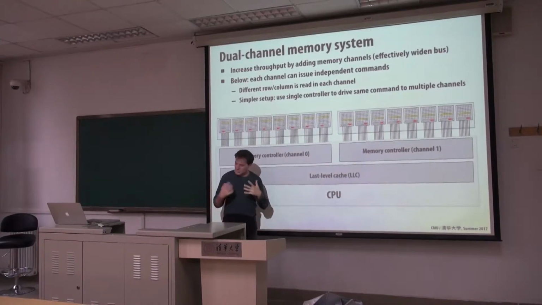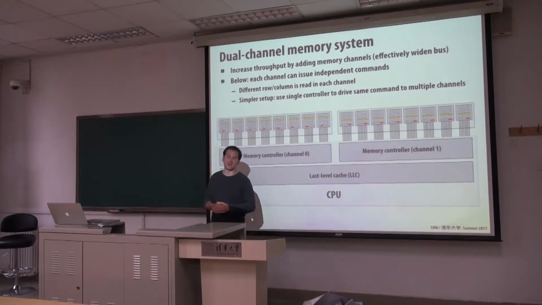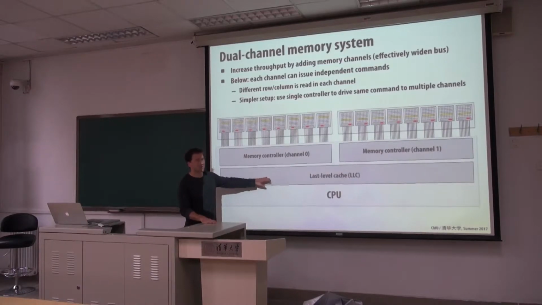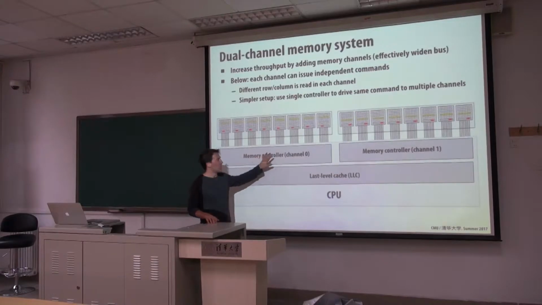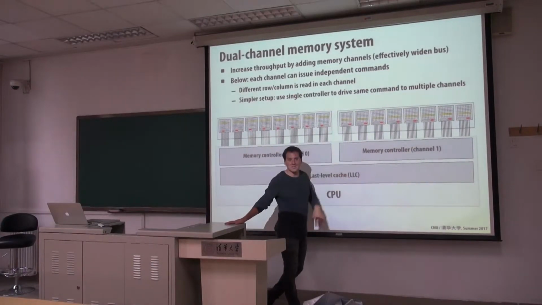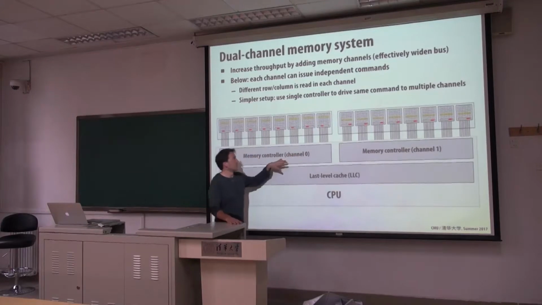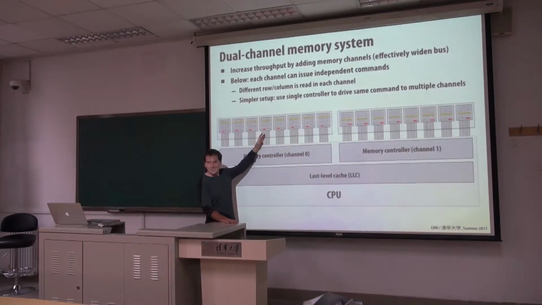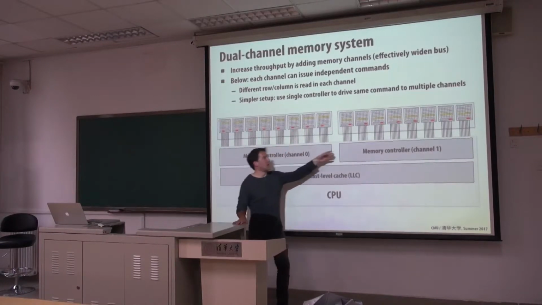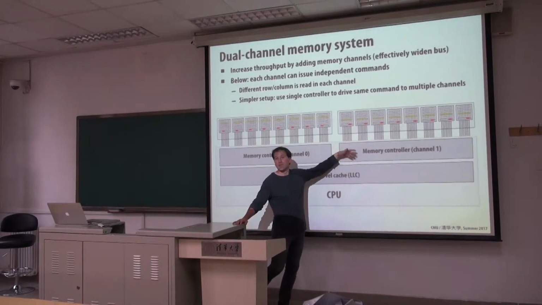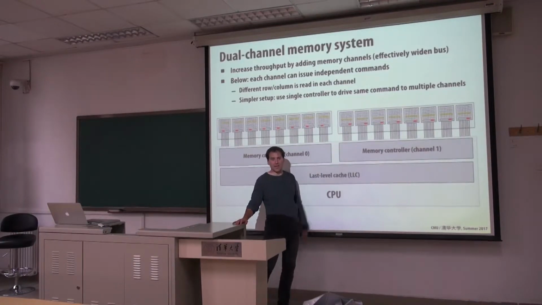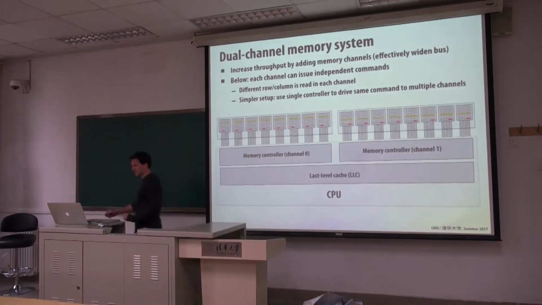So if you read the marketing materials about your processor and they say dual channel memory, that means there's basically two memory controllers, or a memory controller with two completely different channels to two different DIMMs. So the memory controller can send commands to this DIMM, read this row, read this bank, and in parallel send commands to the other DIMM. And they can be completely different rows or banks and so on. So that's a dual memory channel.